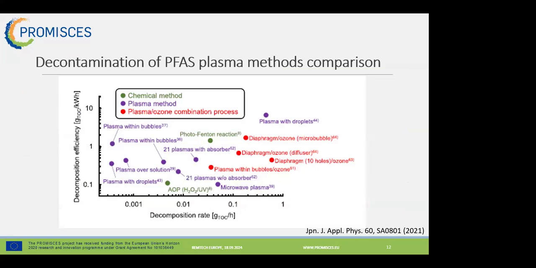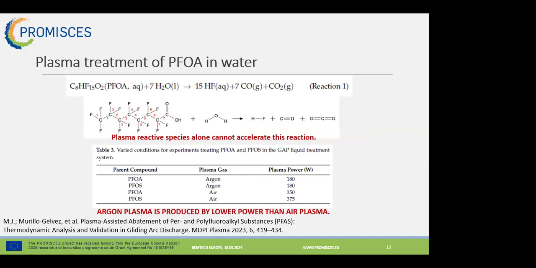And one can see the broad range of the results. The first thing that I would like to say is that it is common in this paper that this reaction is not possible because the reactive species in plasma cannot accelerate such a reaction.